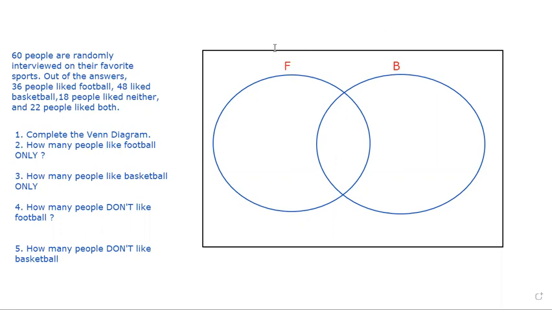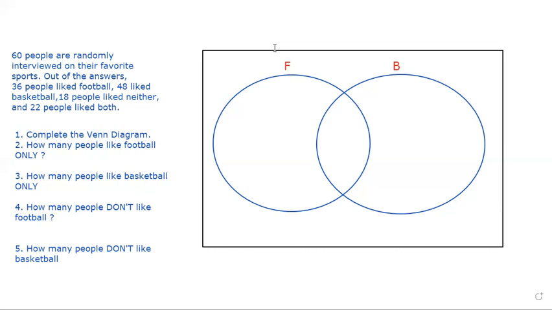All right, we say 60 people are randomly interviewed on their favorite sports. Out of the answers, we've got 36 people who like football, 48 people like basketball, 18 people like neither, so they may have liked baseball or tennis or bowling or figure skating, or whatever.